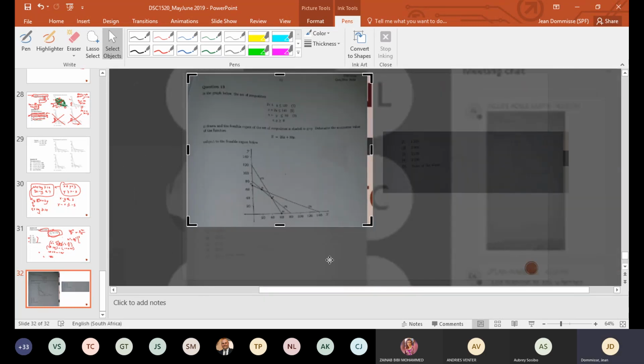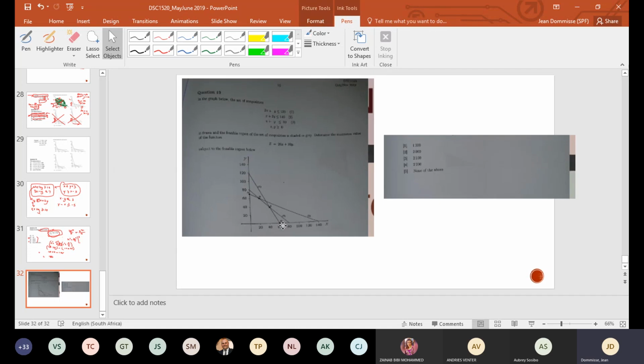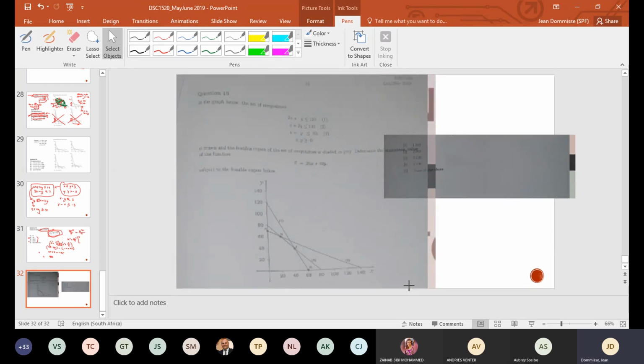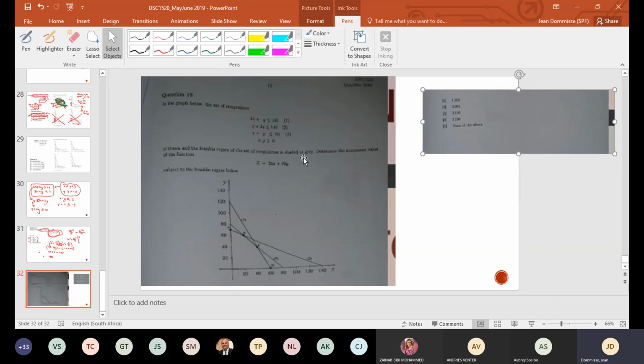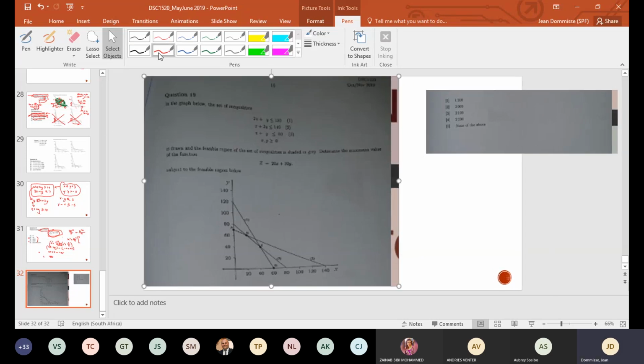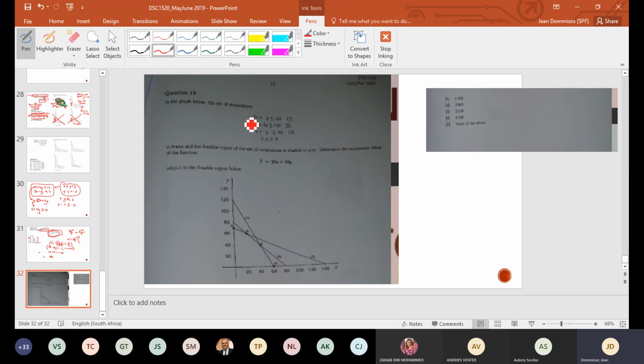And at least I can just see more of it, and we can make it a bit bigger. Okay, so it seems to me we're talking there, and please, whoever posted it, I've got it as 2x plus y is smaller or equal to 120.